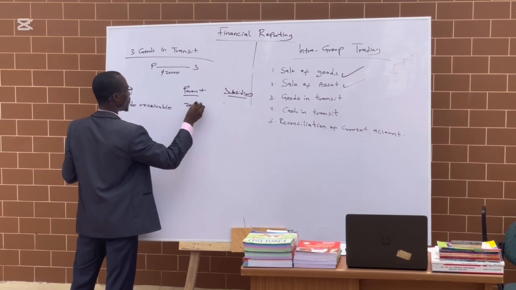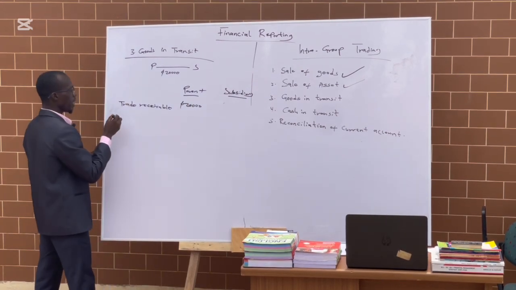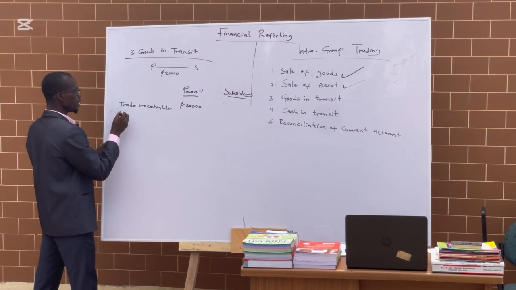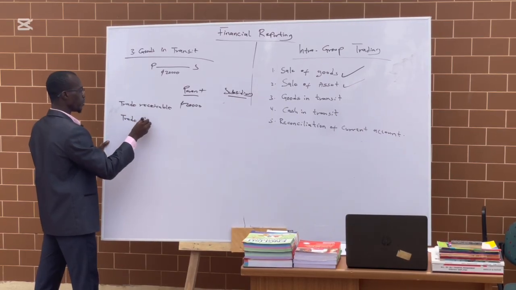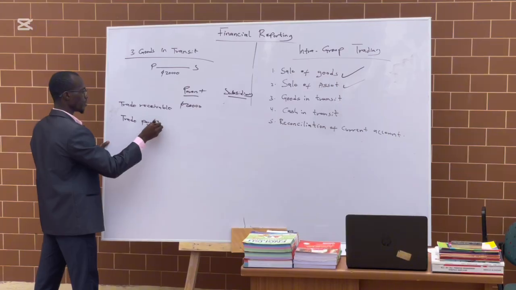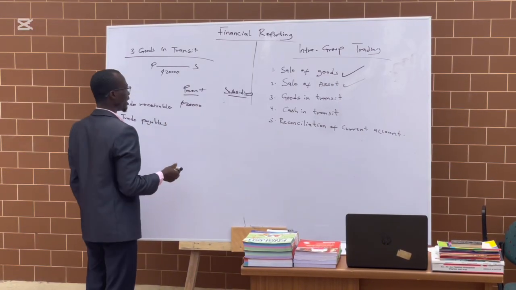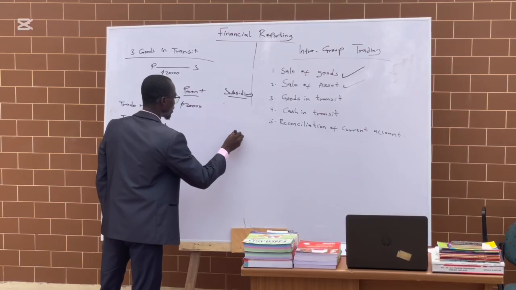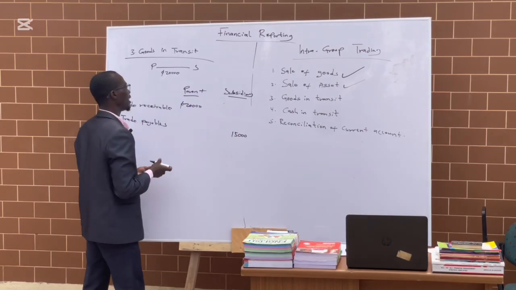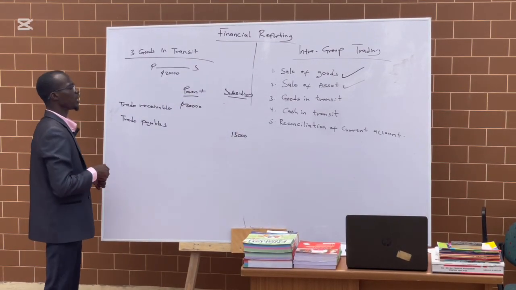This is what will be recorded in my books. And the subsidiary will record trade payables. Let's say the books of the subsidiary have recorded 15,000. So you see that the parent's books and the subsidiary's books are not tallying.